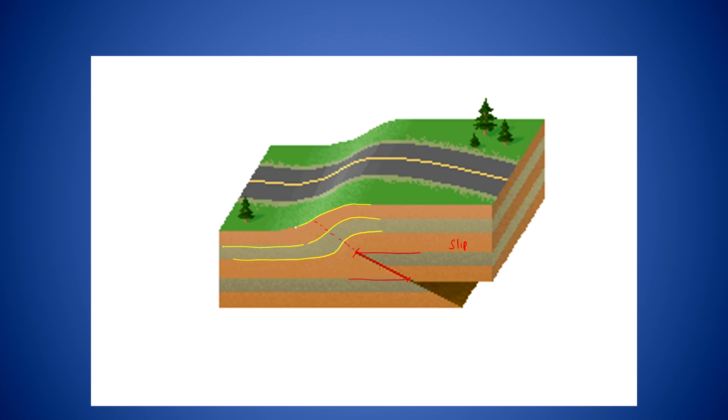Anyway, the surface gets warped. So there is no displacement over here, no displacement, but of course there is a deformation, and this deformation has resulted in folding near the surface.